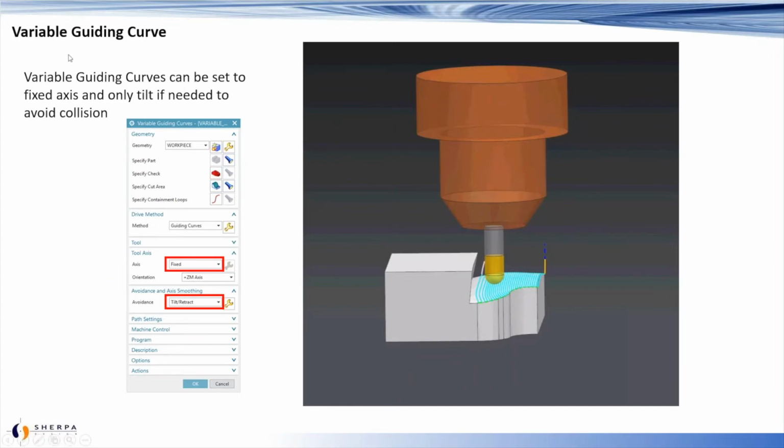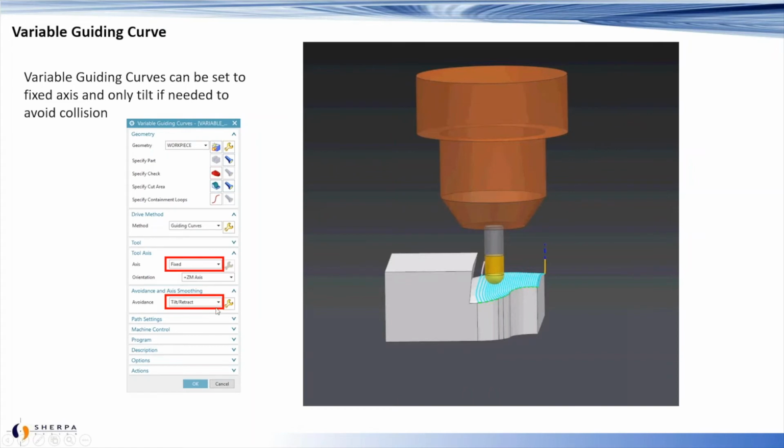One nice thing about variable guide curves, which I used often before fixed guide curves came out in 1202, is that you can essentially fix the guide curve on a variable guide curve, which is kind of confusing, but you can lock it in a particular orientation.